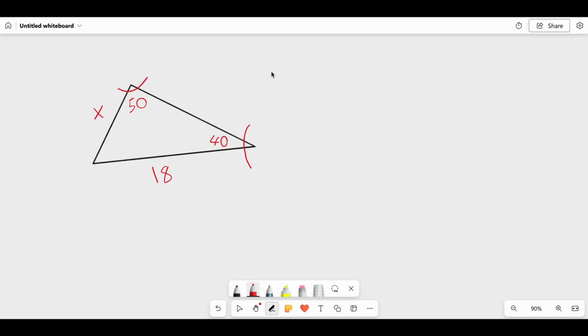So let's go ahead and apply the law of sines. So we have x divided by sine 40 equal 18 divided by sine of 50.